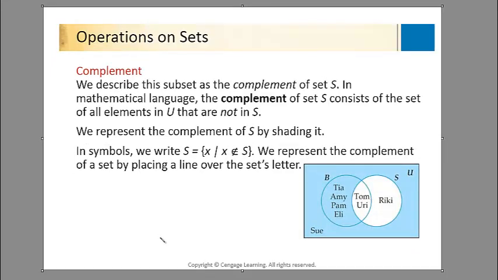I felt I really needed to show you what that looked like, so I put it in this other program. So I'm going to say the complement of S, you would just write a line over it, would be Tia, Amy, Pam, Eli. Oh, there's Sue down there too. I better list her because she's not in S, so whatever is not in S.